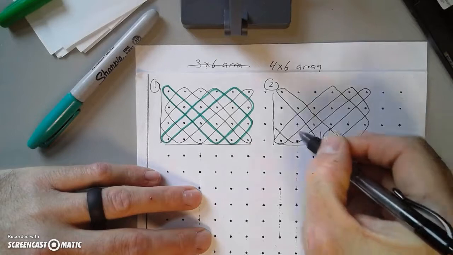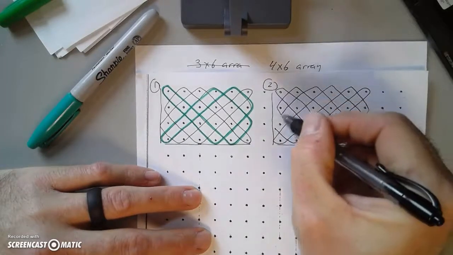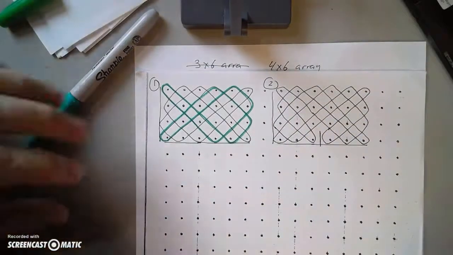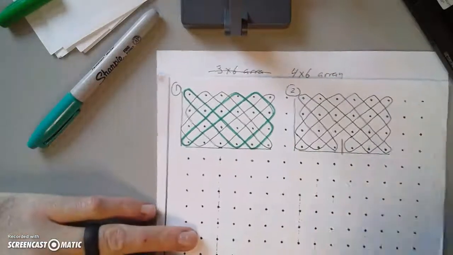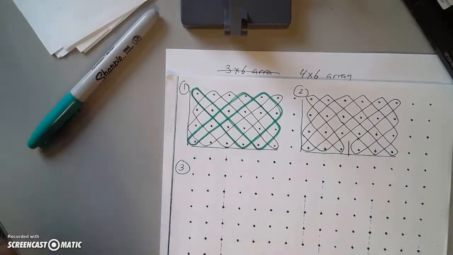And there's the other part. So there, I have a monolinear 4 by 6. That's number 2.